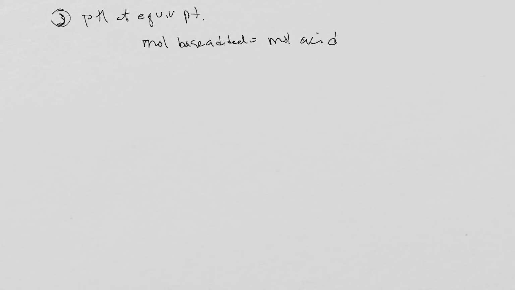We've already calculated from our original problem that we had 4 times 10 to the minus 3rd moles of HNO2. So that means at the equivalence point, we have 4 times 10 to the minus 3rd moles of base added, right?